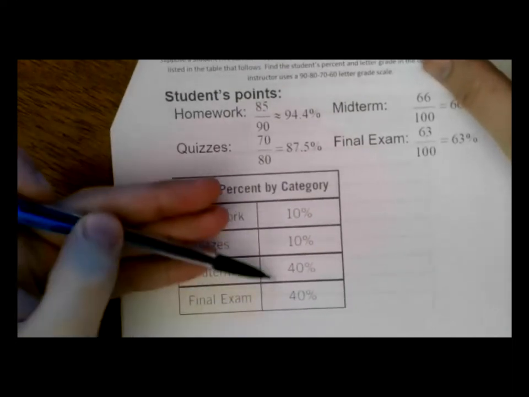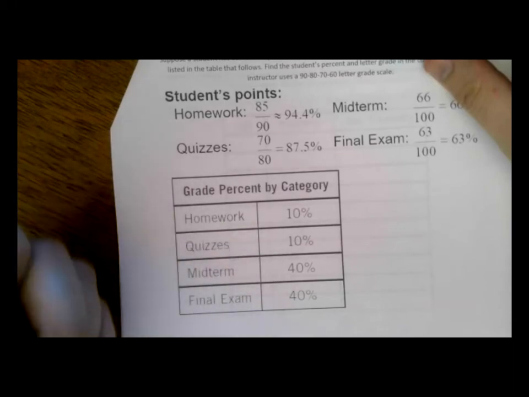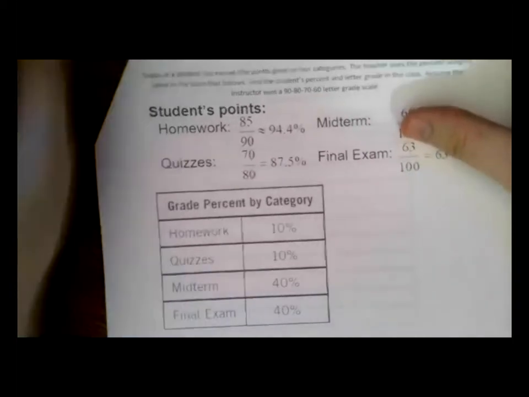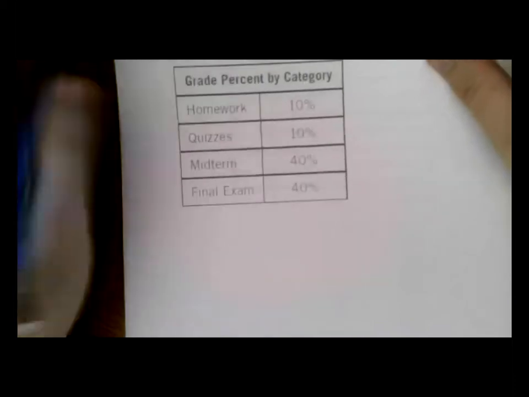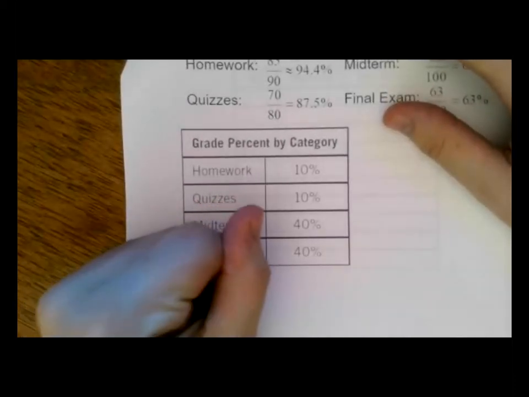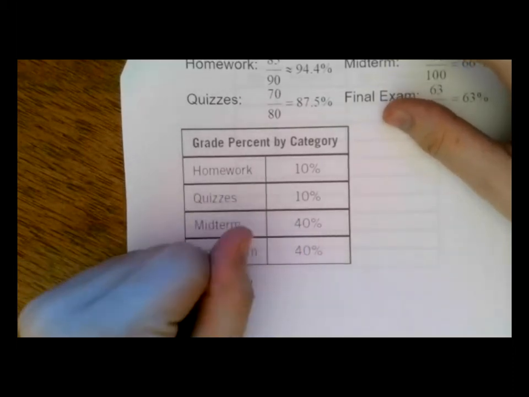The midterm is worth 40% of your grade, whereas a homework is worth 10% of your grade, right? So your midterm is going to affect your grade more than your homework. So I'm going to write down the same formula as last time: the sum of the values times the weights over the sum of the weights.